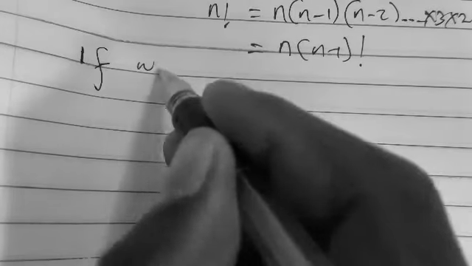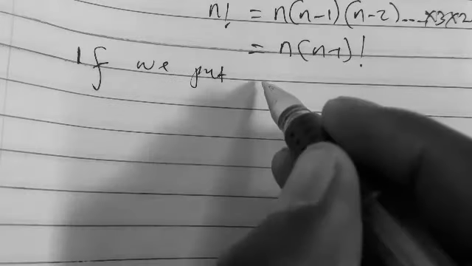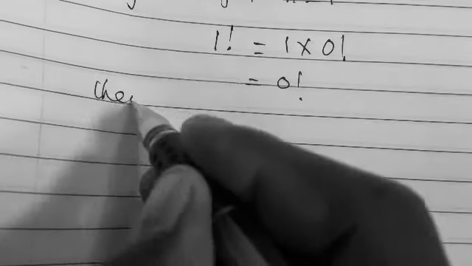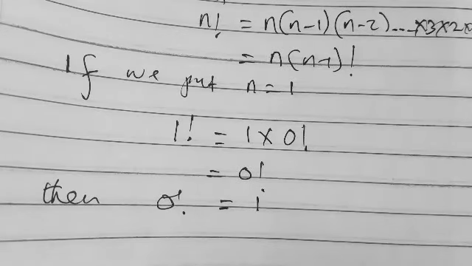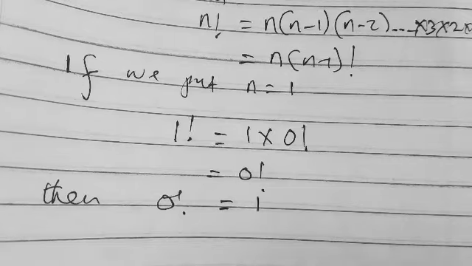So haka if we put, idan muka saka n to be equal to 1, so muna da 1 factorial equals to 1 times 0 factorial, which is the same thing as 0 factorial. Then idan muka samu 0 factorial muna representing din shi as 1. So this is the definition of the permutation, and let us take an example.